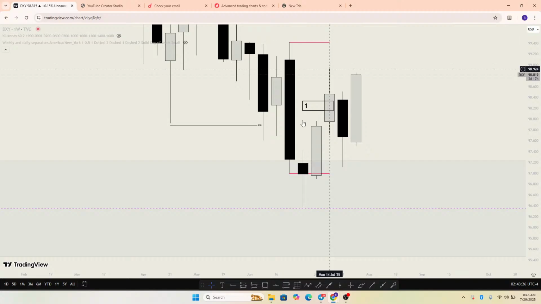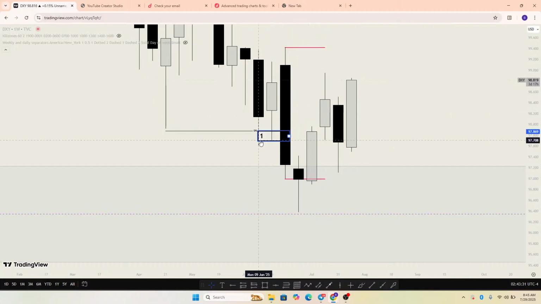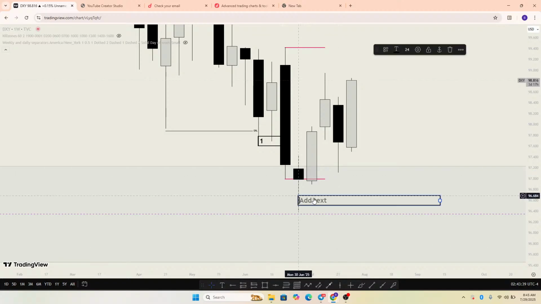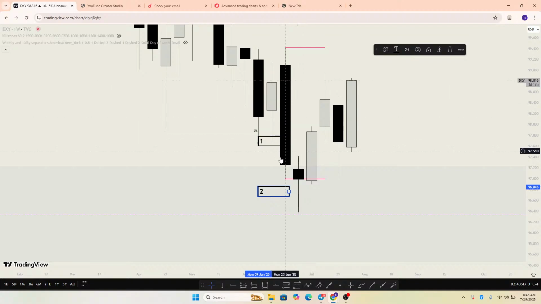So we can have this as candle 1, then we can have this as candle 2. So now between candle 1 and candle 2, this is where you have to determine if price is going to reverse.